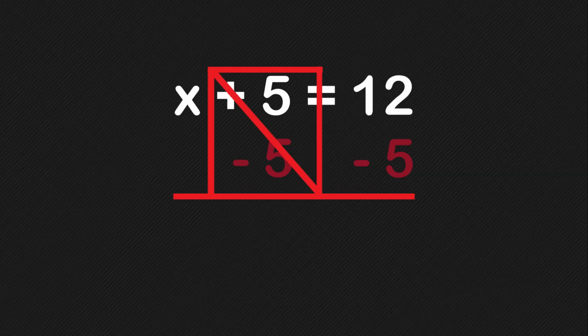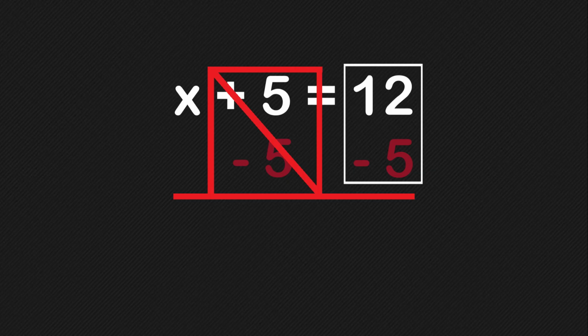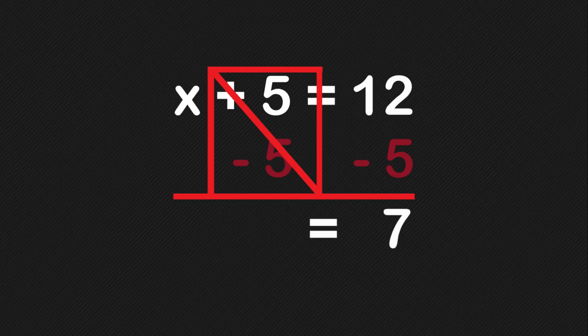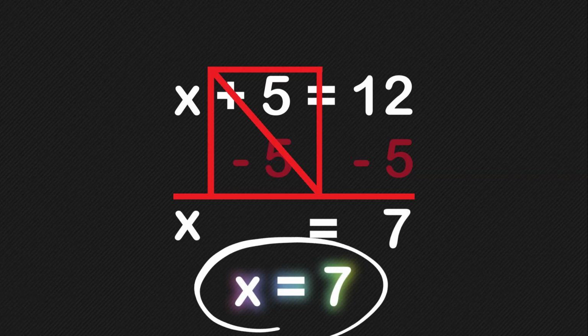We know that's going to disappear, turn into 0. This over here is going to be 12 minus 5, which we will see is 7. Now, what do we do with the x? Well, we didn't do anything to it. It's still part of the problem, so what you're going to do is simply bring it down and write it down here. So now we know x equals 7.